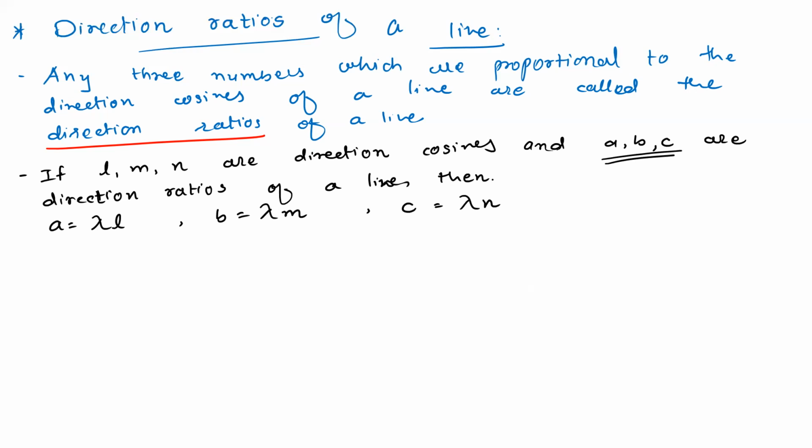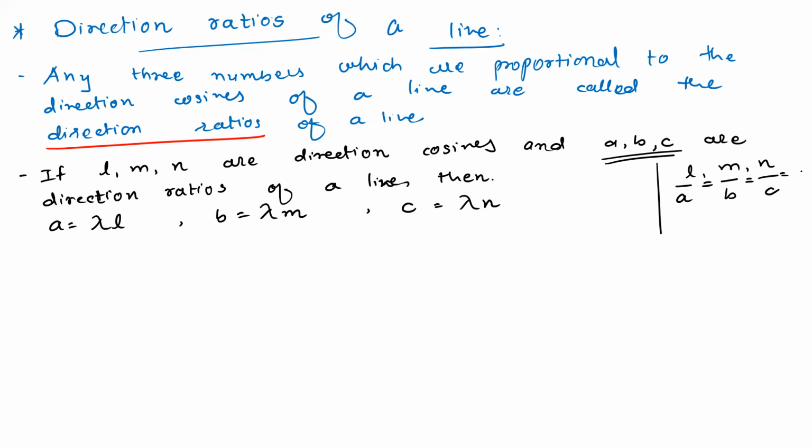We will have three numbers with direction cosines. L, M, and N are direction cosines. If we have three numbers so that their ratios are going to be the same, in this case a is equal to lambda l.